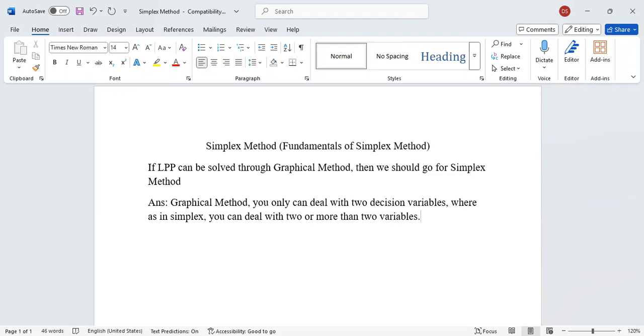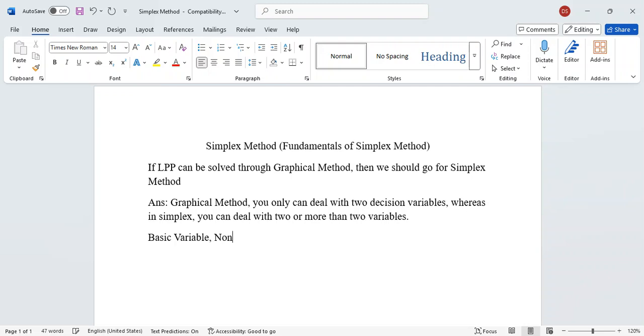But again the question is, if you discuss the variables, there are a number of variables. One is the basic variable, because these are the terms you will come across in the simplex method.